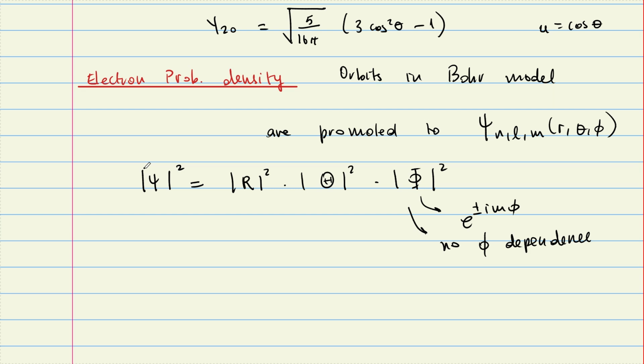We are generally interested in the probability to find an electron at a distance r from the nucleus. And for that, I have to specify the volume element. So dV is equal to, I think everybody knows this, r squared sine theta dr d theta d phi.